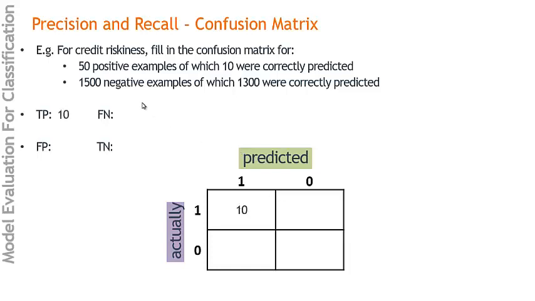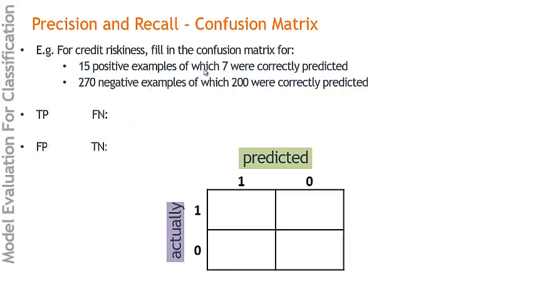But since there are 50 total positive examples, there's going to be 40 in this box here. On the other hand, 1,500 negative examples, 1,300 are correctly predicted. The correctly predicted box is down here in the lower right. But since we have 1,500 total examples, there need to be 200 in this box here.